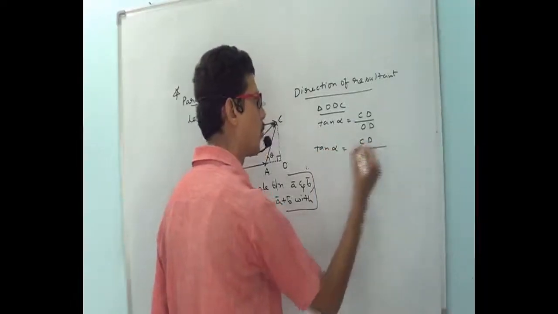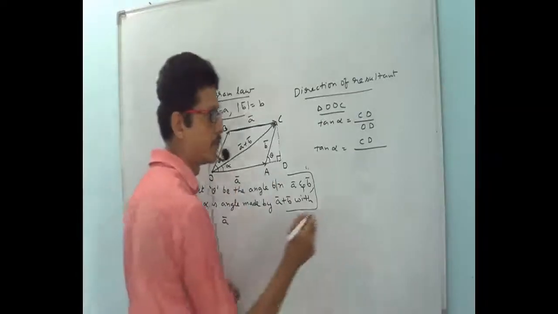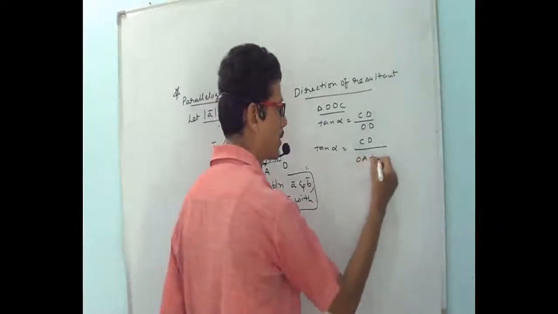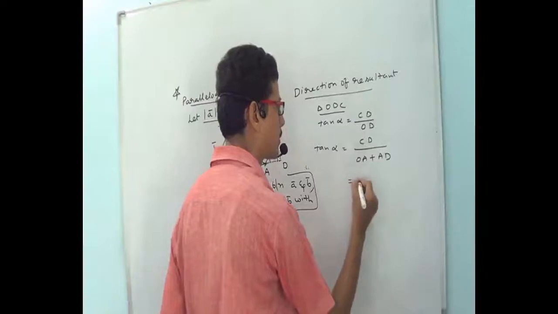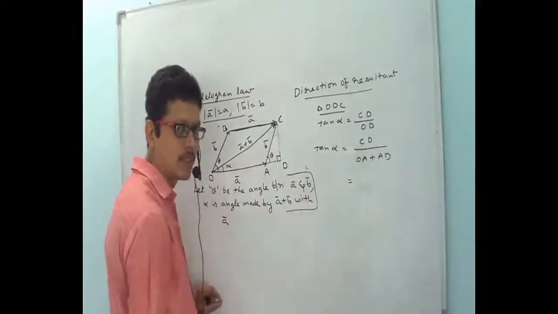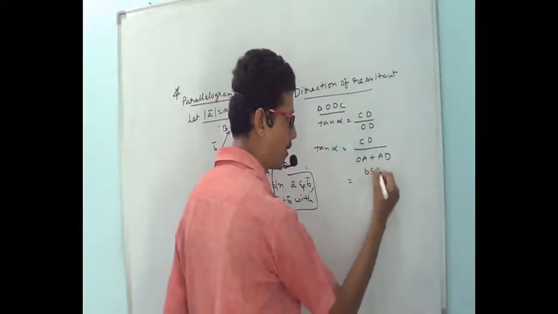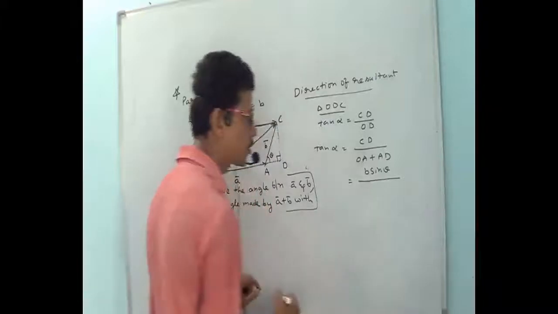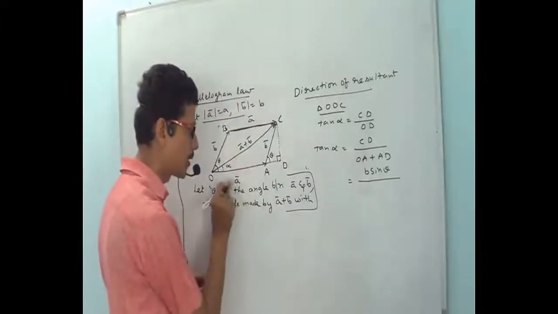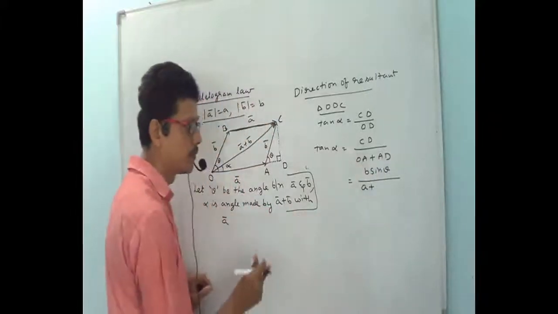CD by OD, how can I write? OD is OA plus AD. CD is nothing but what I have written previously, B sin theta. Divided by, what is OA? OA is nothing but A. What is AD?